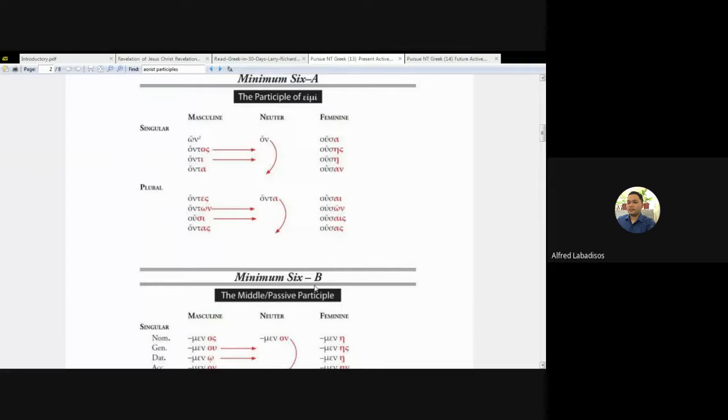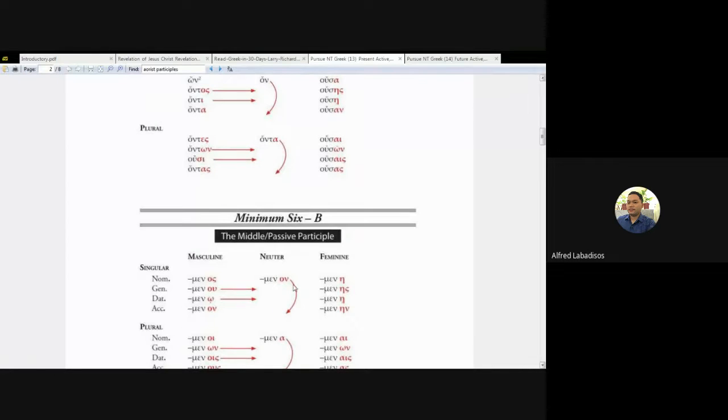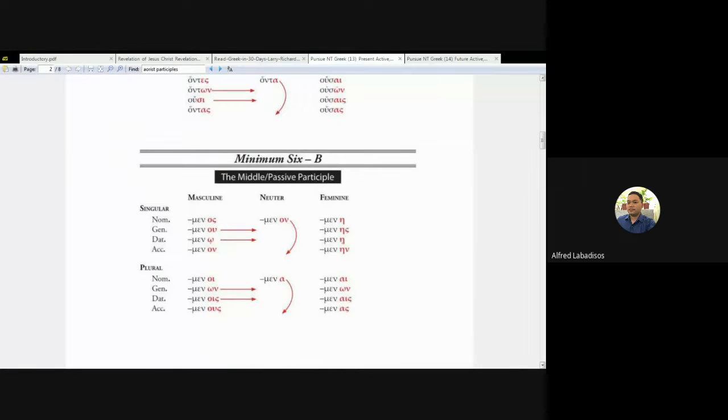While for the middle or passive participle of eimi, we have this one. For the nominative we have menos. Look at the endings: you have the first and second declension endings, so you have os, ou, o, on, ois, ous. Then for the feminine, we have e, es, e, en, ai, on, ais, as.